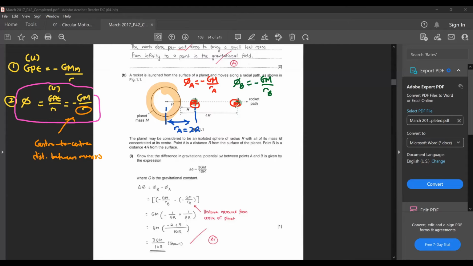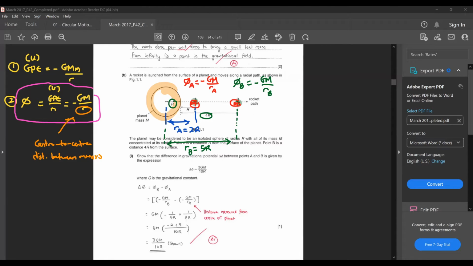If you're talking about center to center distance for RB, it is the distance between the center of the planet and point B itself, where you place a test mass. This one is your RB. So this one will be R plus 4R, giving you 5R. This is one thing you need to be aware of.